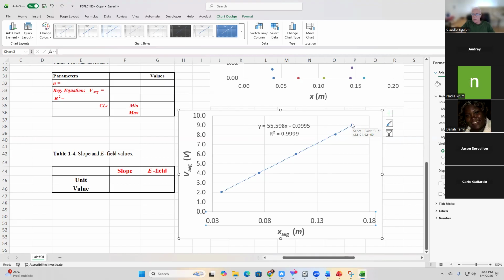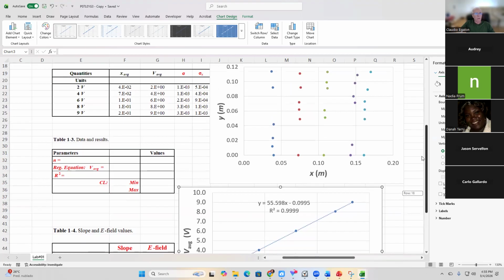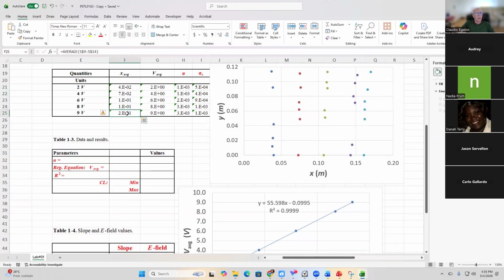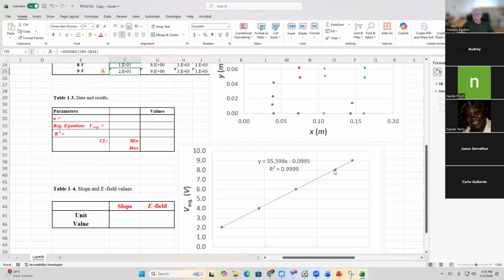There's something wrong here. It can't be 0.2 because we have 0.18 here. Let's take a look in the table, what's the number we have right in here? Yeah, it's not showing. I think I saw something just now when you hover over it, it said 0.16. Yeah, 0.16.